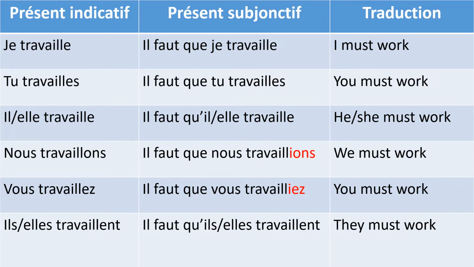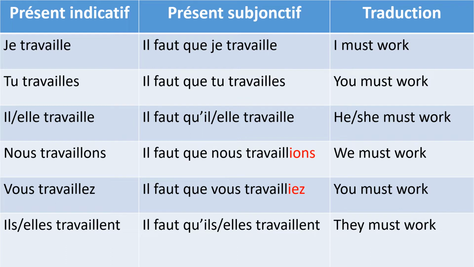And traduction, which is the translation of what is in the second column. So, je travaille. If we were to go through the conjugation of travailler, which means to work, je travaille means I work or I am working. Now, if we look at il faut que je travaille, it means I must work.